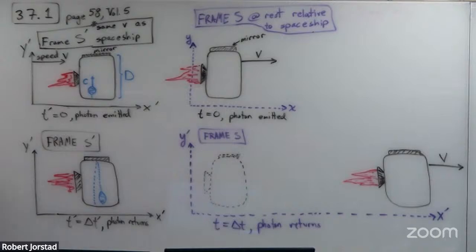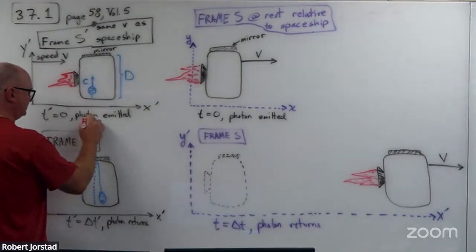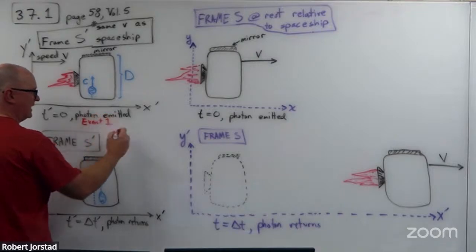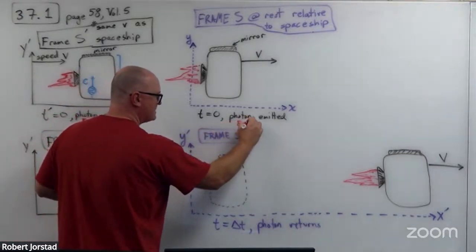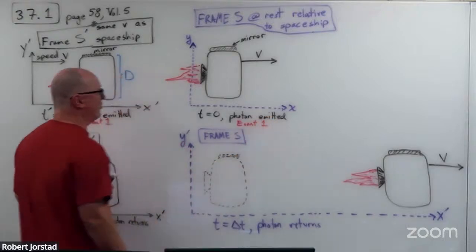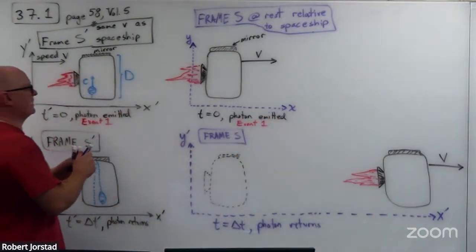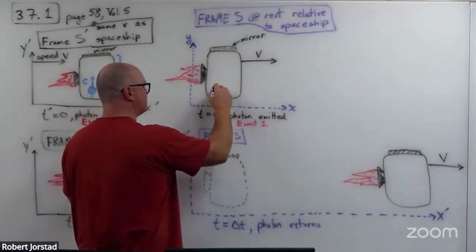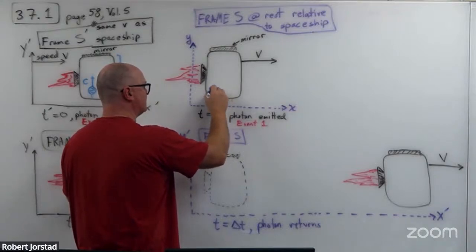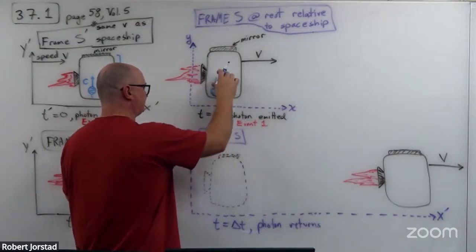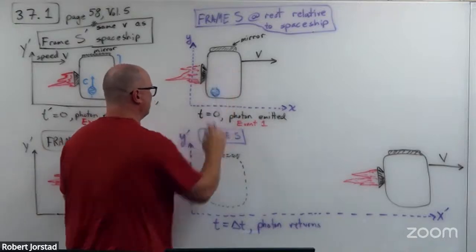We've got two events. So this is event 1, and that's in both frames. Event 1 is that a photon is emitted, and I didn't draw it here, so let me do that. I'll talk about this in a minute.